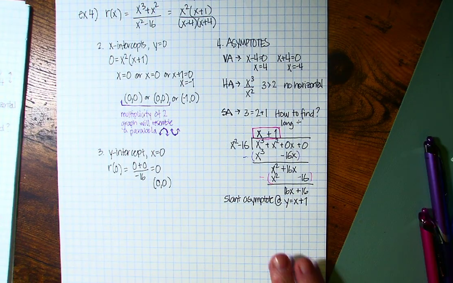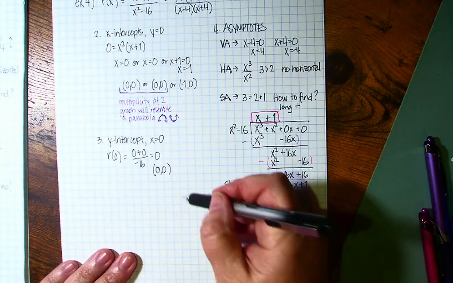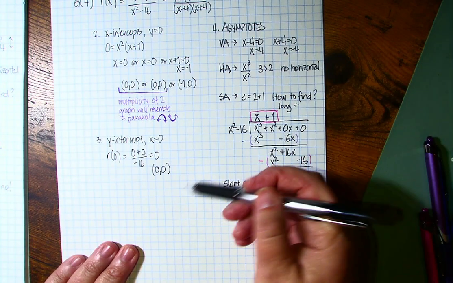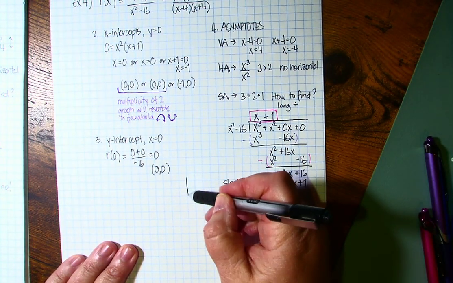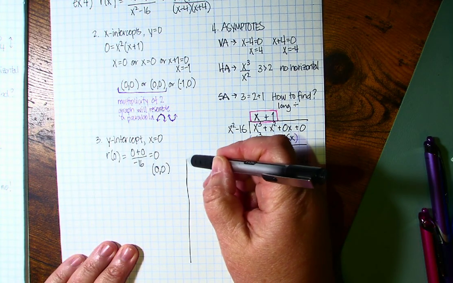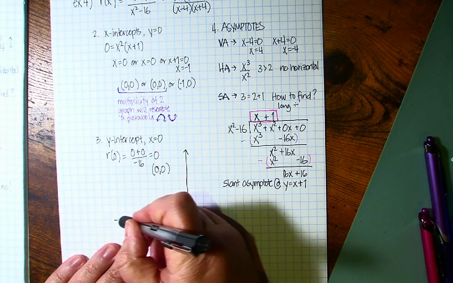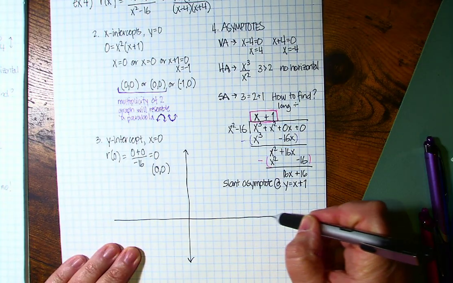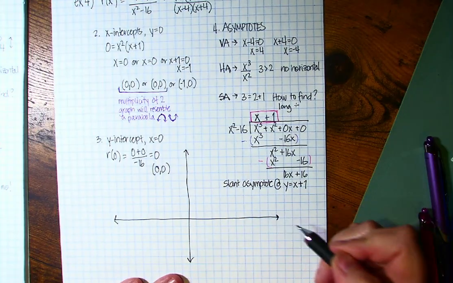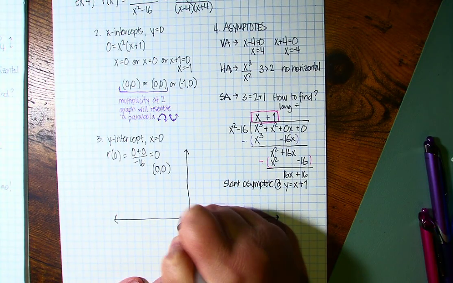Okay. So, now we've got a graph. I need to get to 0, 0 and negative 1, 0, so that's not too bad. And then I've got 4 and negative 4. All right, points to plot: 0, 0 and negative 1, 0.